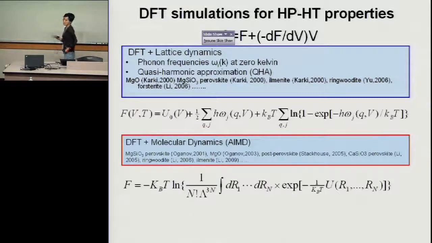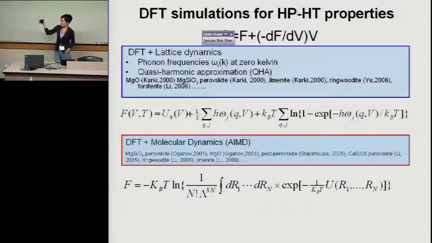If you look into the literature, there are two very useful methods for giving those parameters. One is the lattice dynamics coupled with density functional theory that Renata's group has developed. The second is the UCL group, Artem's method of doing molecular dynamics, AMD.